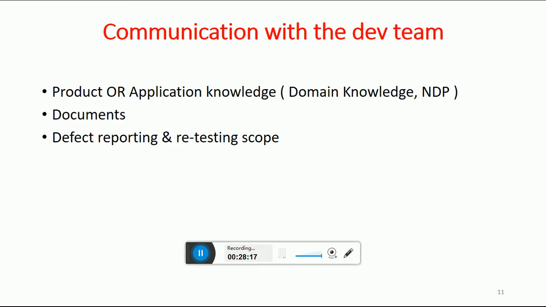And of course you need to look for documents if they have an SRS, software requirement specification documents, or some test documents. These all help you. Also you need to check how you report defects when you find something while doing performance testing.